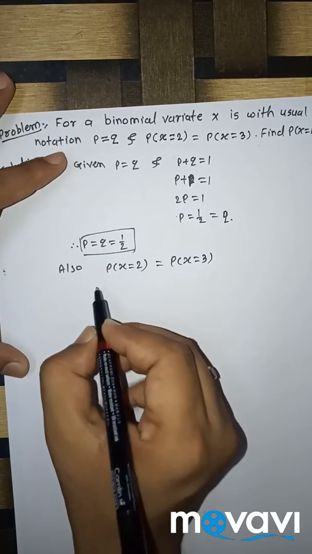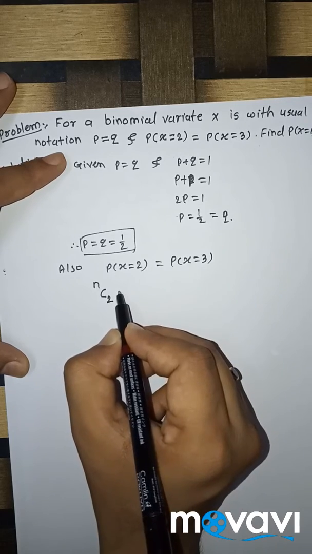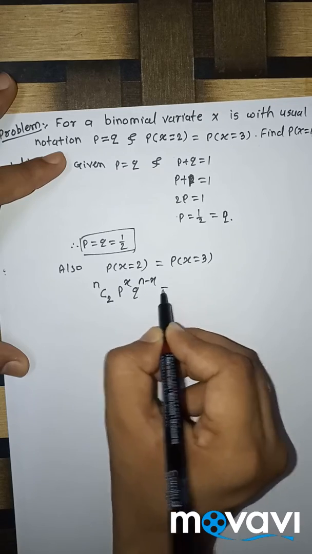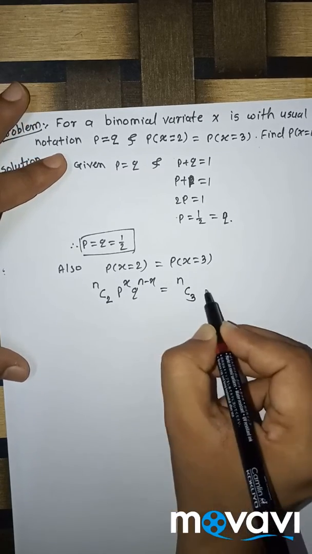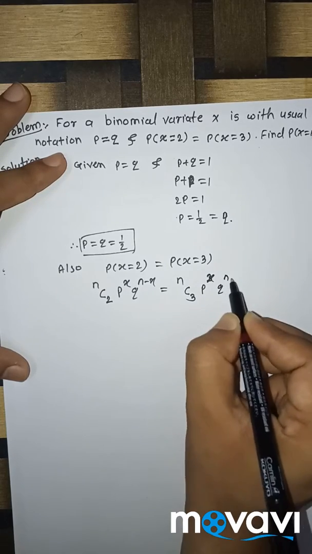For probability of X equal to 2, our formula is nCx, p raised to x, q raised to n minus x. For probability of X equal to 3, our formula is nCx, p raised to x, q raised to n minus x.